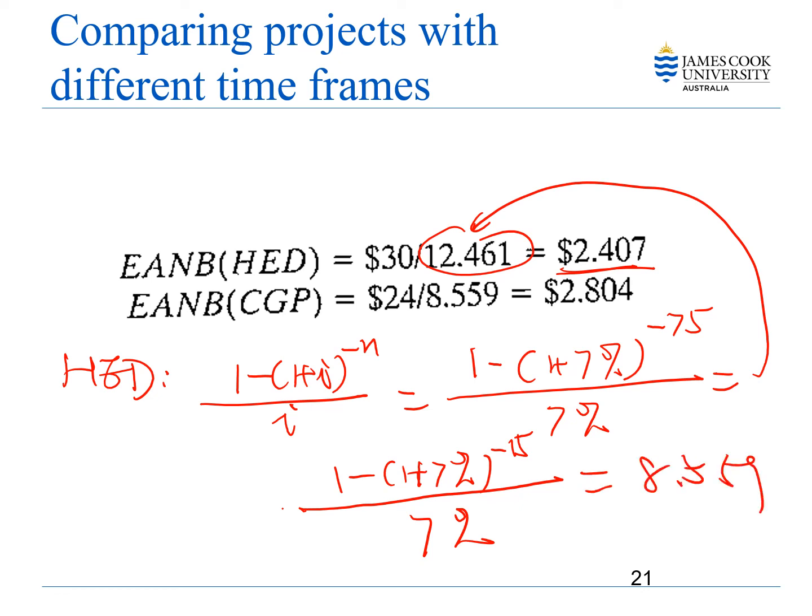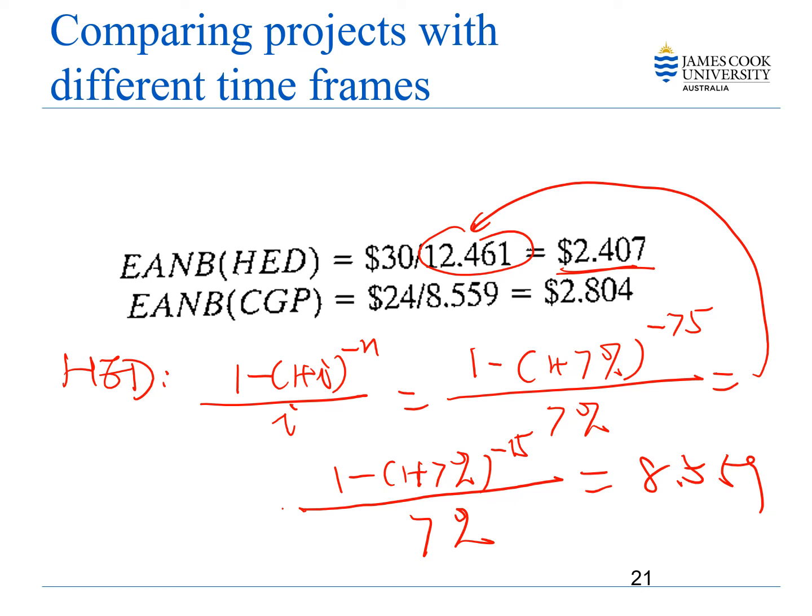So the associated annuity payment is $2.804 million. And we compare these two figures, and we conclude that the cogeneration project is better than the hydroelectric dam project. All right, this is the second method of comparing projects of different lifespan.